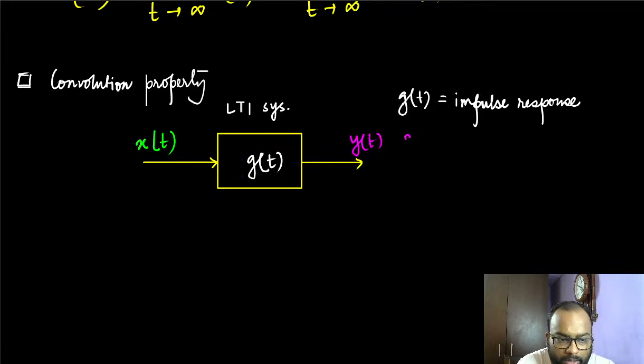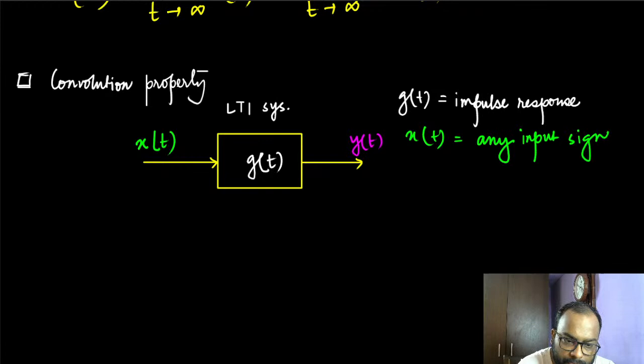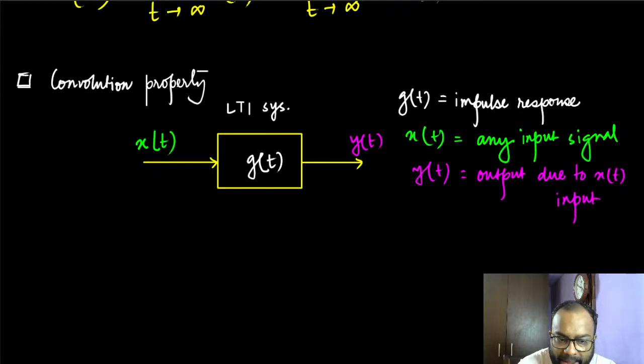So x(t) is any arbitrary input signal, and y(t) is the output due to the x(t) input. When we applied x(t) as the input, the output that we obtained is y(t). So that is something we know.